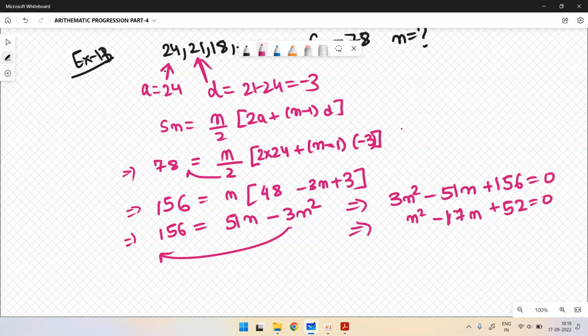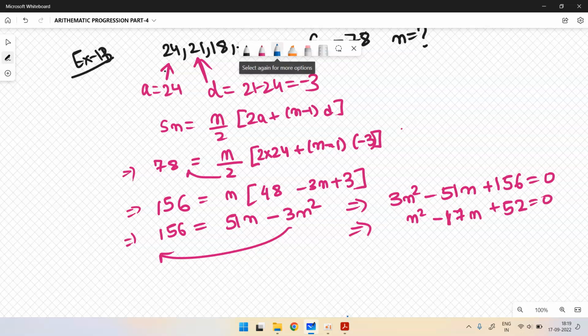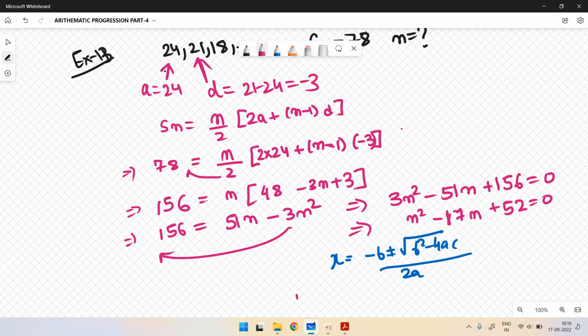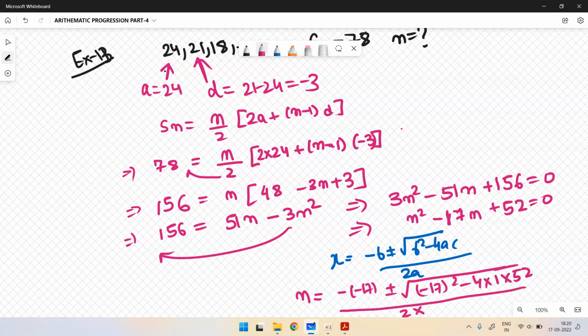Now this is a quadratic equation, and you know how to find its roots. Applying the formula, x is equal to minus b plus minus under root b square minus 4ac by 2a. Here you need to calculate the value of n. So n is minus of minus 17 plus minus under root minus 17 whole square minus 4 into a, which is 1, and c is 52, by 2 into 1.